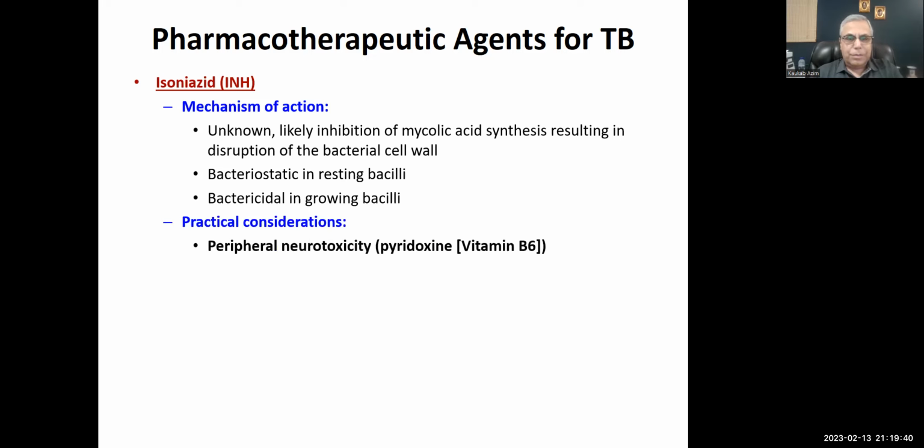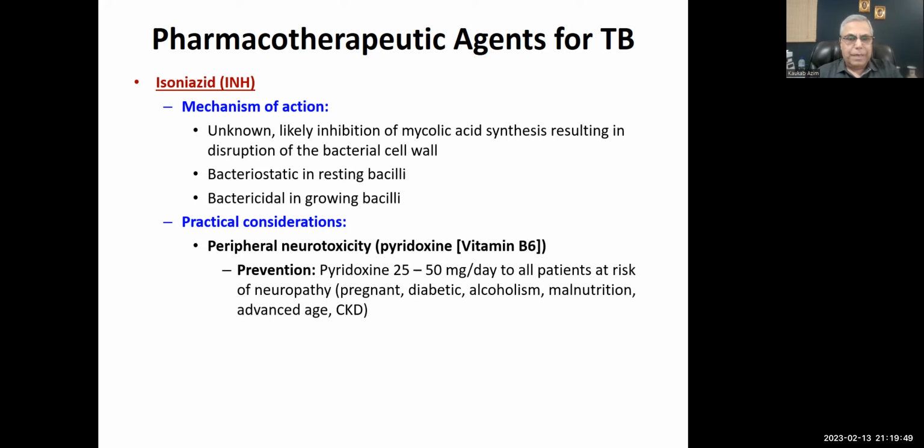Practical consideration: isoniazid does cause peripheral neuropathy, so pyridoxine 25 to 50 milligram. In pregnant, diabetic, alcoholics, and malnourished patients or advanced stage chronic kidney disease, in all these cases, we will give preventive pyridoxine, vitamin B6.